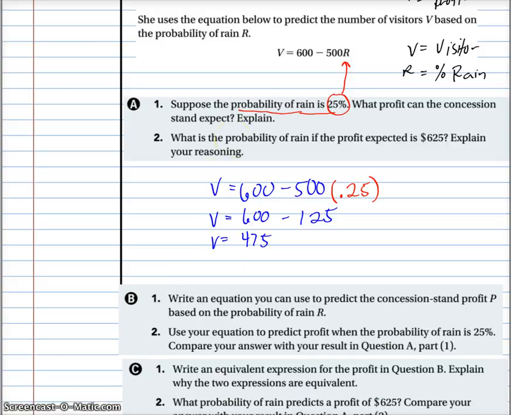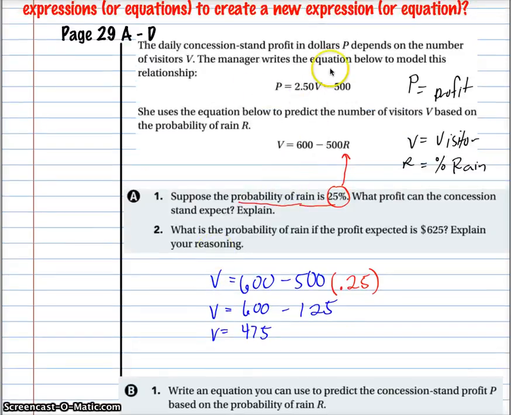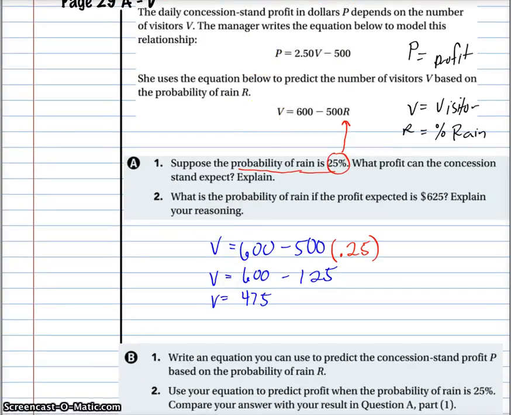Now this 475, I can plug into my other equation. Okay, my visitors is 475. Now I can use my profit equation here. So I can say profit is equal to 2.50 times V, and V is, well, it's right there, it's 475.